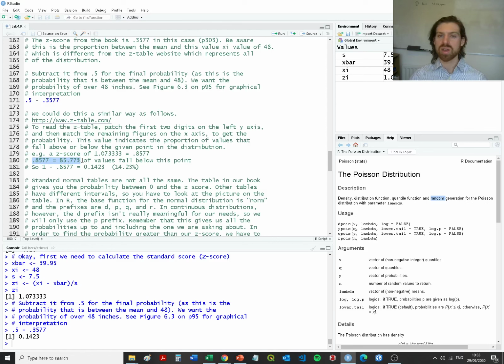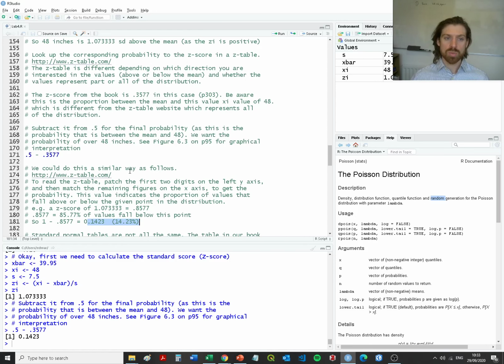0.8577 represents about an 85.77% chance that a value will fall below this point. Okay, and obviously that represents all of those values below. We're interested in the number of values that fall above this, so we actually need to get the complement. We subtract the 0.8577 from 1, which gives us the answer that we're interested in, which is 14.23%.